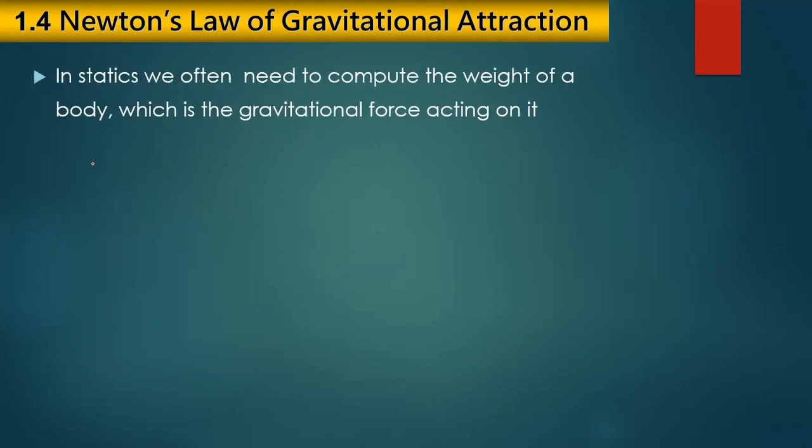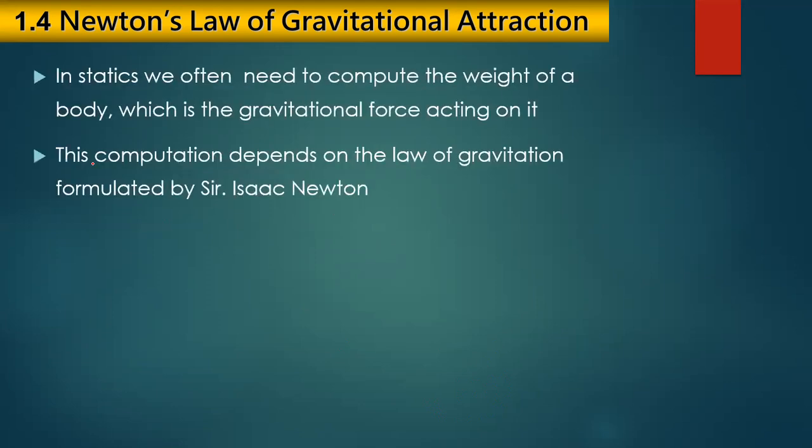Newton's law of gravitation. The force of gravity is given by the first mass, if you have two objects, M1 and another object, M2, and you want to find the force of attraction between these two objects.